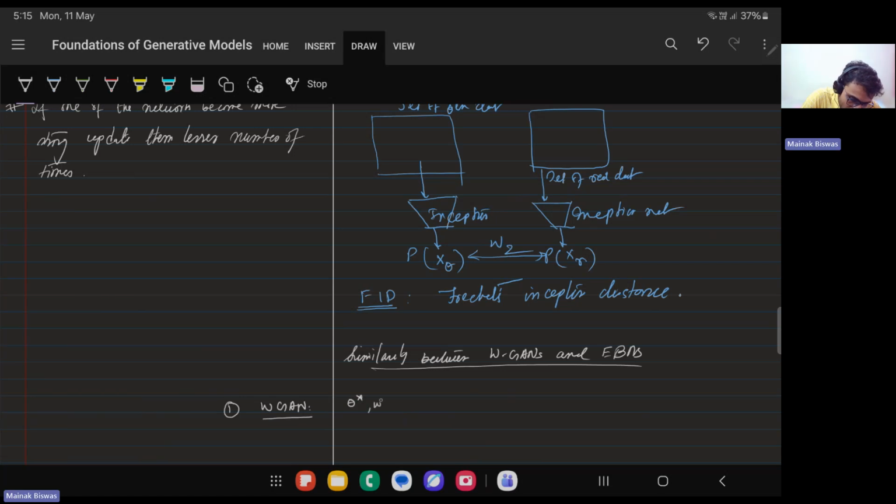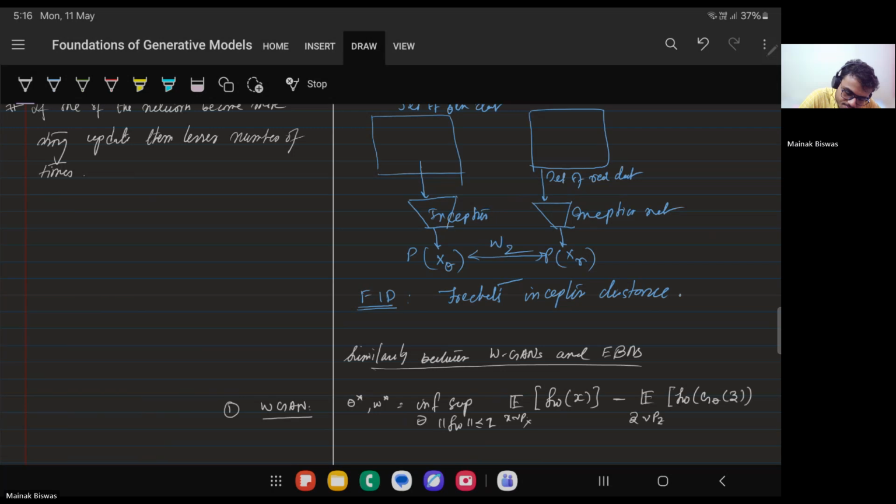Theta star, W star is equal to infimum over theta, supremum over W, or f of W less than 1, the expected value of f_W of x, x being sampled from P_x, minus the expected value of z being sampled from P_z of f_W of the generator theta of z, right?